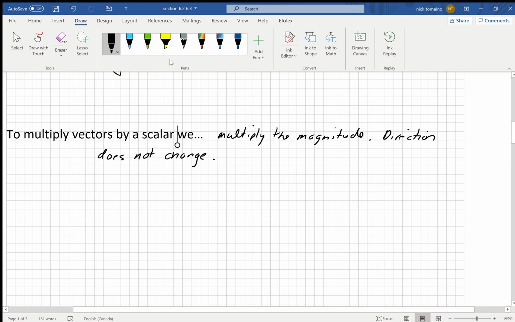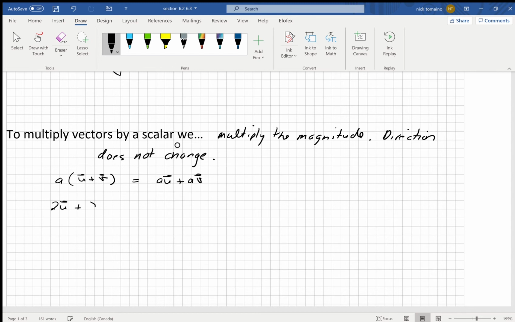For example, our distributive property. Remember, a scalar is just a letter without the arrow. So let's say A times the quantity vector U plus vector V. That is equal to A times U plus A times V. Similarly, when we're adding like terms, if I want to simplify 2U plus 3V plus 5U minus V, it follows the same rules as like terms.